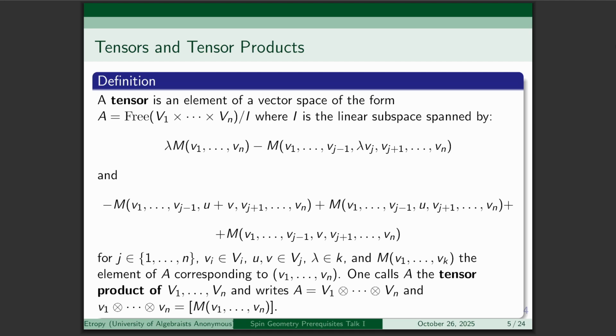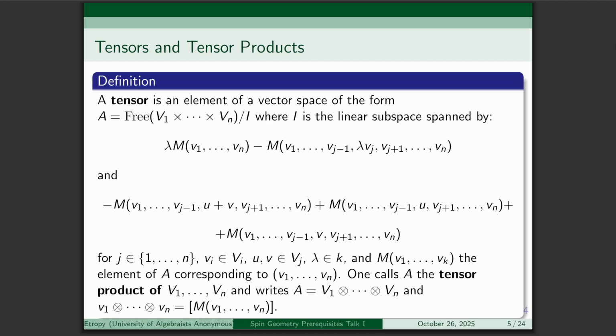And so in this slide, the notation I use is that given some vectors v_i in V_i, the expression m(v_1, ..., v_n) is the formal jointness of these vectors, the element of the free vector space generated from this product.